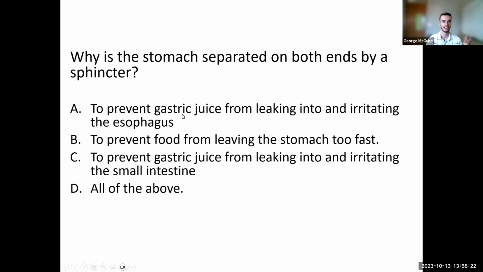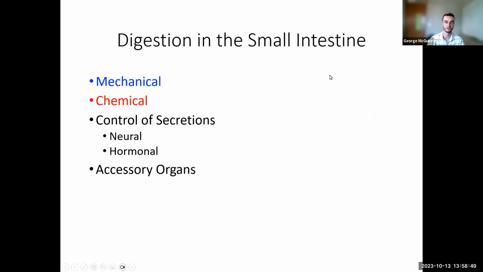Same idea as with the esophagus, that hydrochloric acid could be dangerous if it's reaching the intestinal cells before the gallbladder has released bile to help buffer that acid. So all of these are important and help give us a reason why these sphincters are here, right? They help explain why our systems have developed these closing and opening valves between each of our organs.